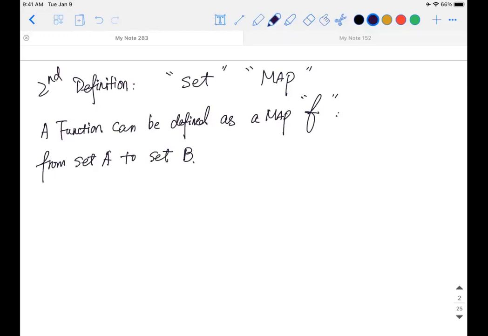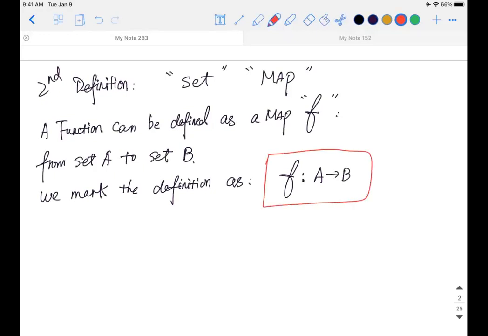We mark the definition as f: A to B. Again, this is only a denotation. We just want to make sure this is f, this is my map.